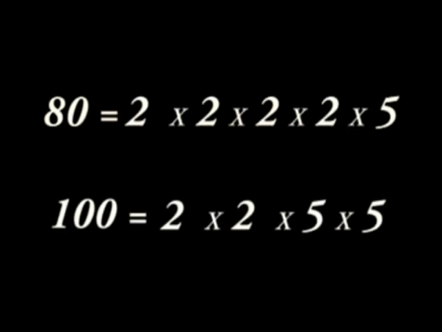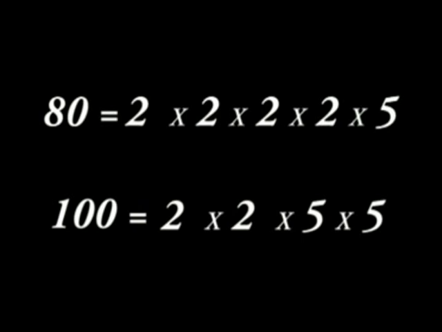We can as well use the prime factorization method to find the GCD of two or more numbers. We have seen that 80 and 100 expressed in their prime factors are: 80 is 2 raised to power 4 times 5, whereas 100 is 2 squared times 5 squared.